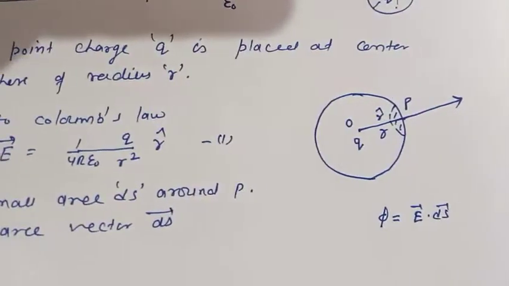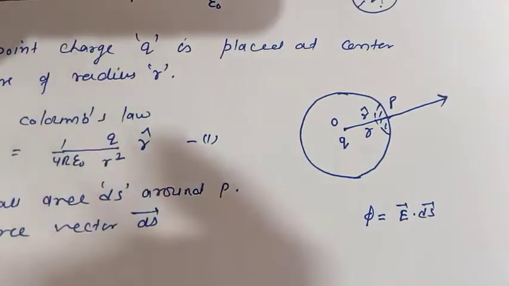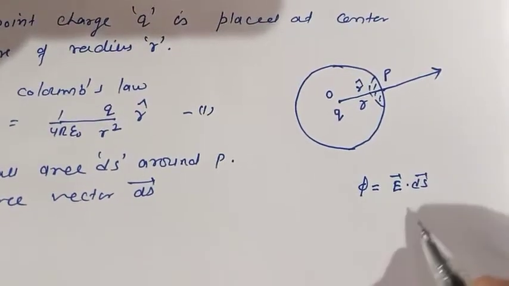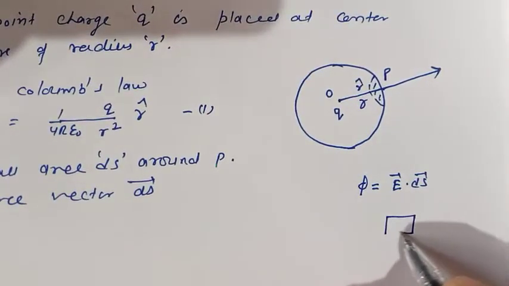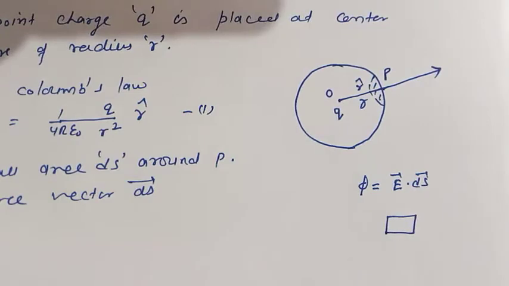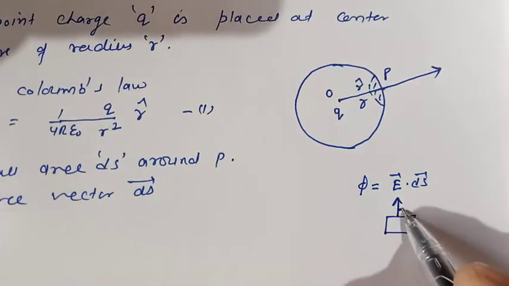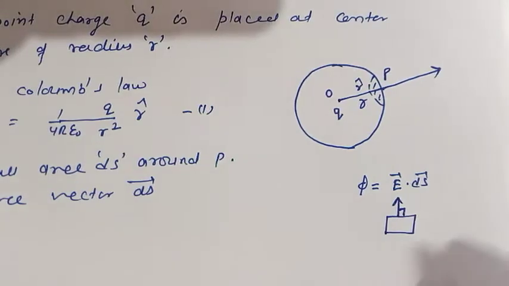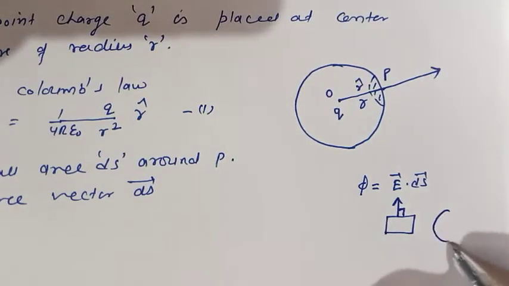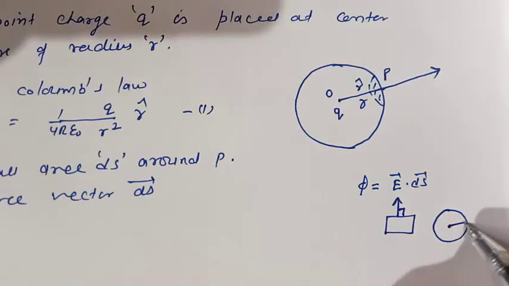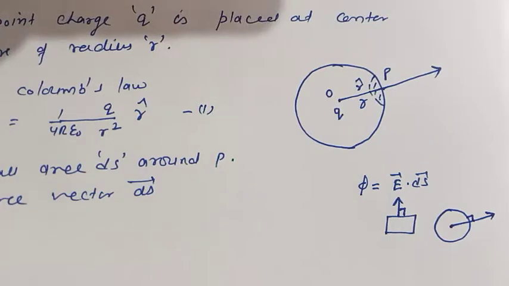Now what is the area vector? We had discussed it. The area vector is a vector perpendicular to the area. If you have a rectangular plane like this one, any vector you draw from here is the area vector. If you have a spherical surface, any radius vector you draw is the area vector.